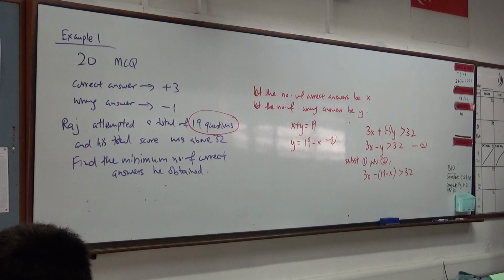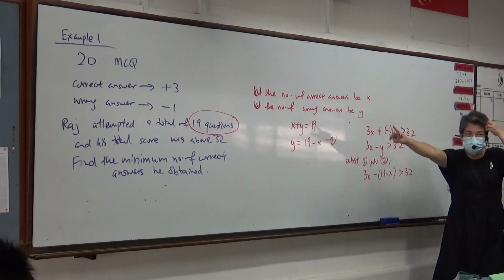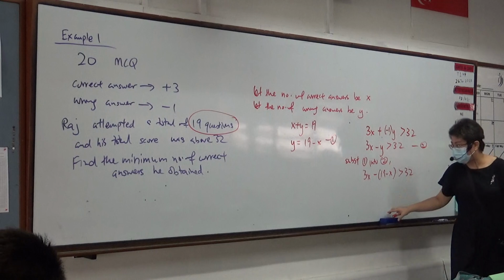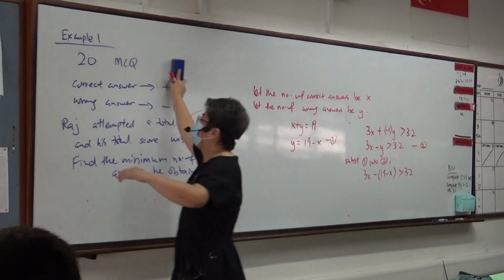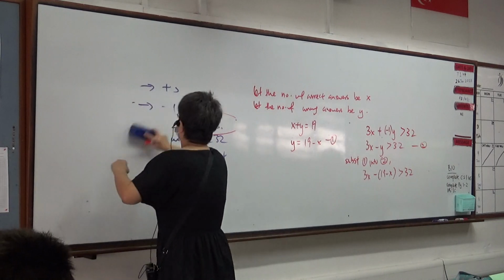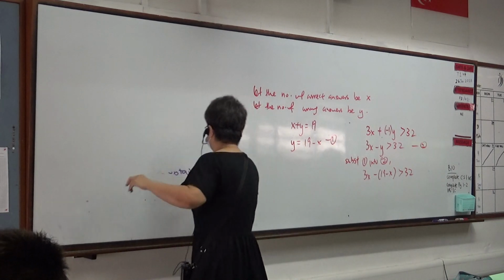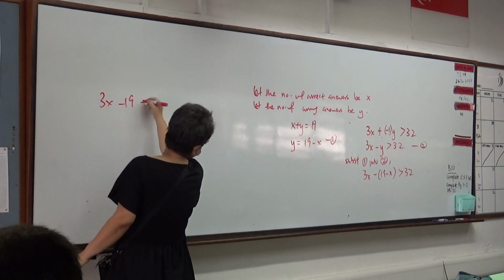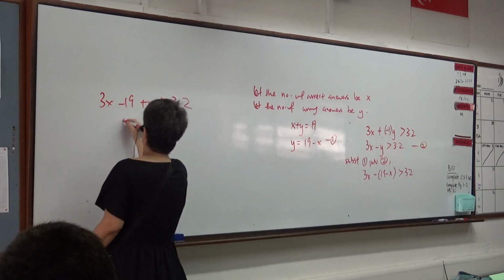Have you completed the proposed question already? Are you done with that? Can I move on to the other side? Okay, so I'm going to solve now. 3X minus 19 plus X is bigger than 32.